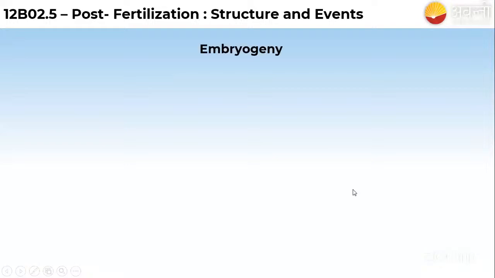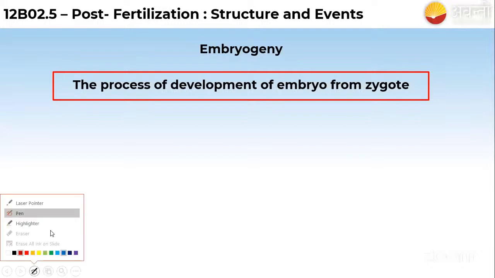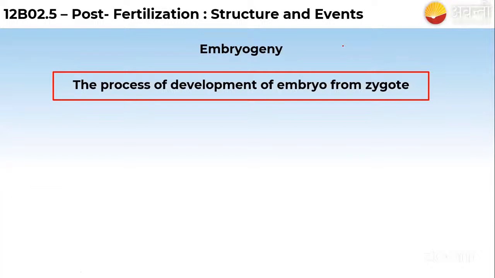So this is called as embryogeny. What do you mean by embryogeny? Yes, the zygote is formed, right? If I am going fast, kindly tell me. I am not going fast, it is slow only. The zygote is formed, right? Now this zygote is going to undergo mitosis. Now the zygote is undergoing mitosis and it is going to be developed into the embryo.